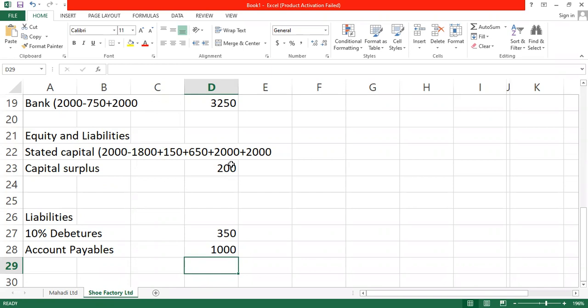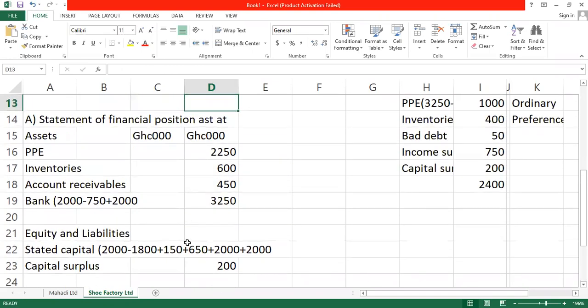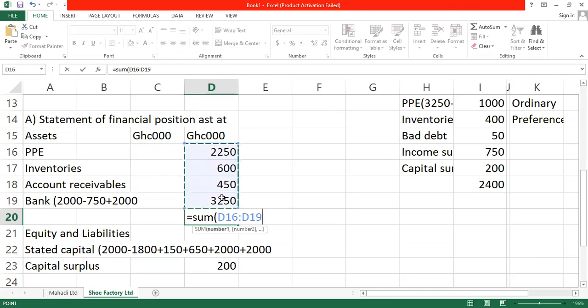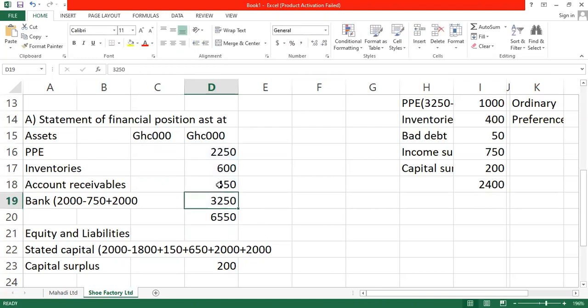So let's put these figures together. What will be the total value of the assets? The total value of the assets will be 6,550.